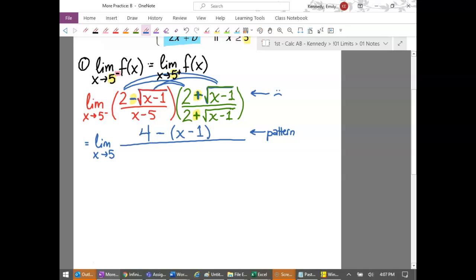So the pattern allows me just to skip over those. That's the whole reason that we changed the sign from subtraction to addition. So now my numerator looks nicer. It doesn't have a square root. And the denominator, I am not going to take the time to multiply all that craziness out, because that's going to end up looking a lot worse and will kind of defeat the purpose. So I'm just going to leave it factored, because my hope is that this x minus 5 is going to find somebody to cancel with in the numerator.